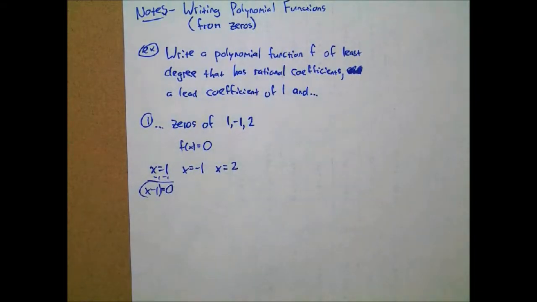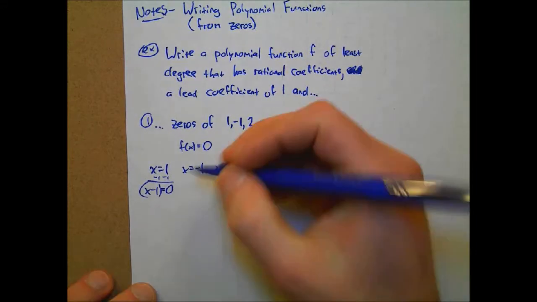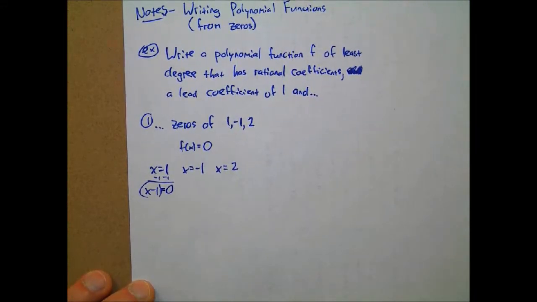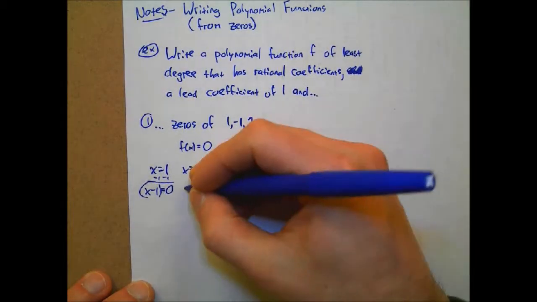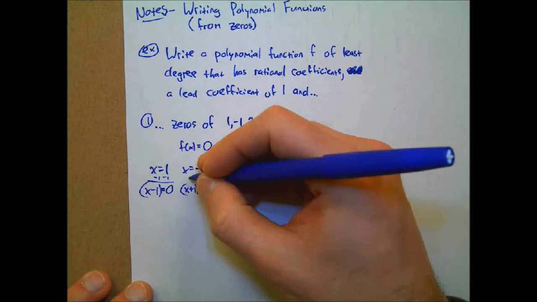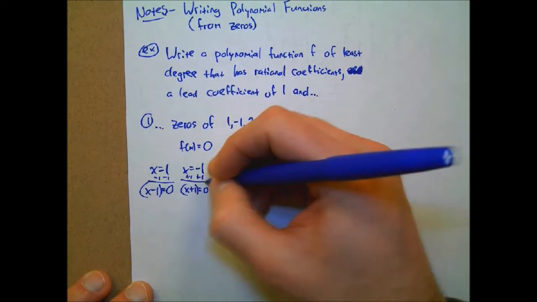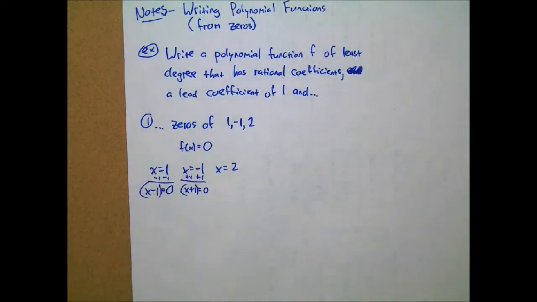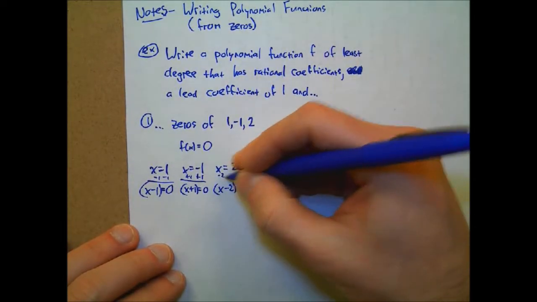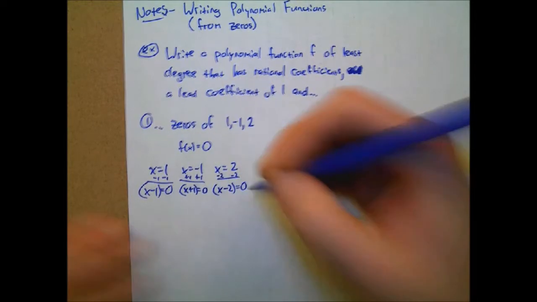What factor would give us x equals -1 as an answer? X plus 1. Again, we're just adding 1 to both sides there, so it's equal to 0. And then finally, what factor would give us x equals positive 2 as an answer? X minus 2. Exactly right. And so we have our 3 factors.